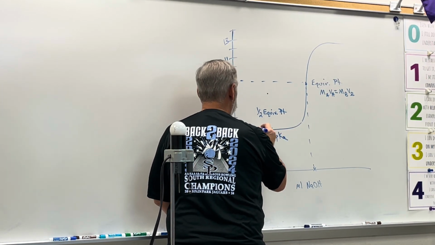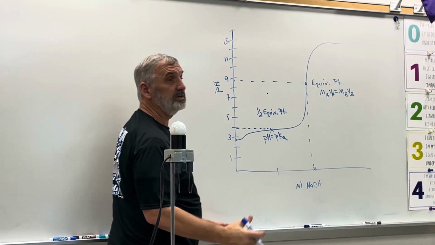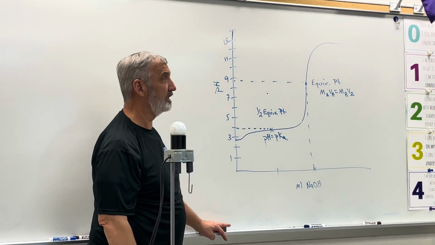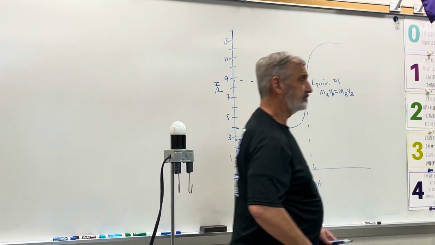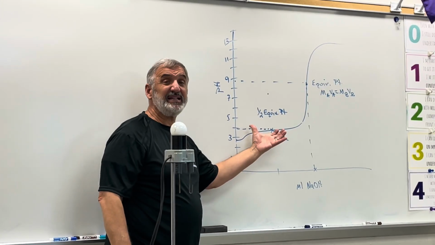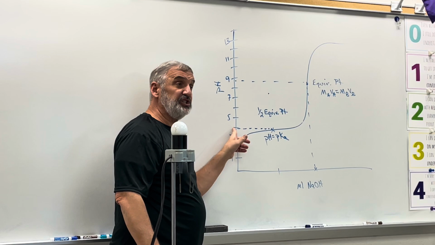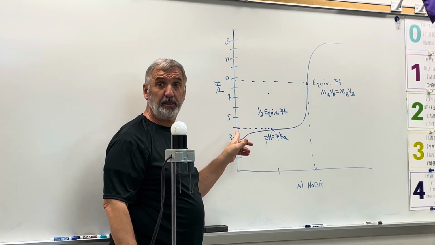So I would even just guesstimate here, we'll just call it 10 to the minus 4th, at the half equivalence point. So I can estimate the value of Ka based upon the pH at the half equivalence point.